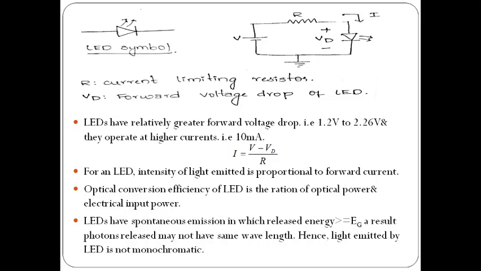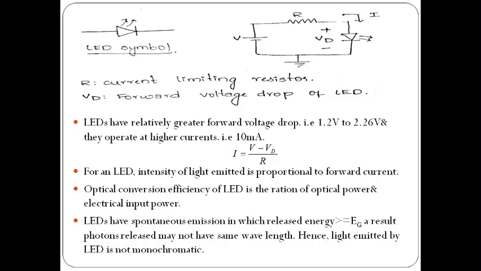In this direct recombination process, photons will be released in the form of light. The light depends on the wavelength. This released energy is always equal to the energy band gap of the material.